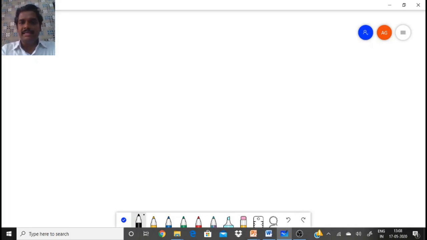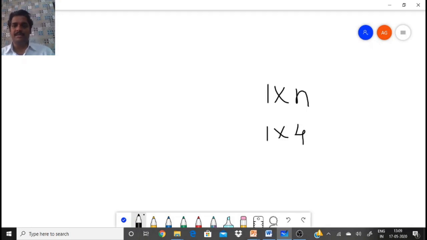So basically order of a row vector is 1 by n. We have seen examples of 1 by 2 and 1 by 3. Let's talk about now an example of order 1 by 4, a row vector with 4 columns.